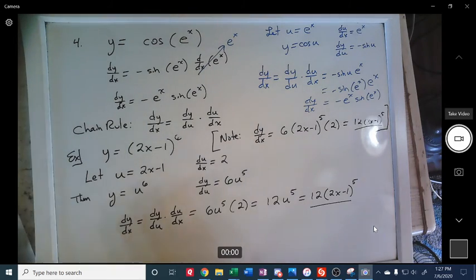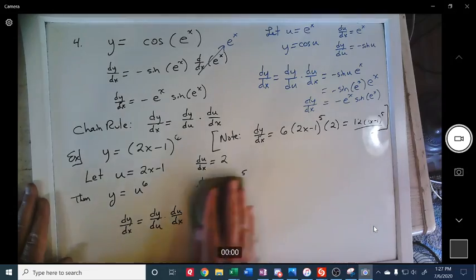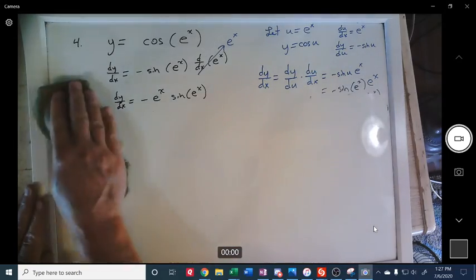All right, now when we actually use the chain rule, though, we tend to use it in a different way.